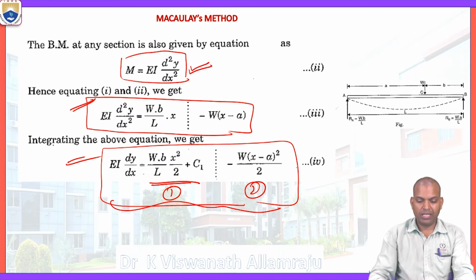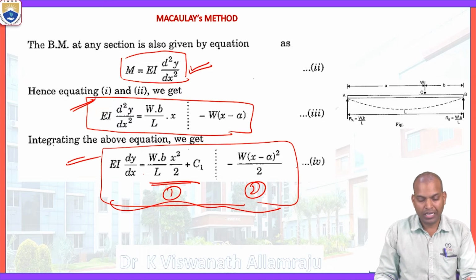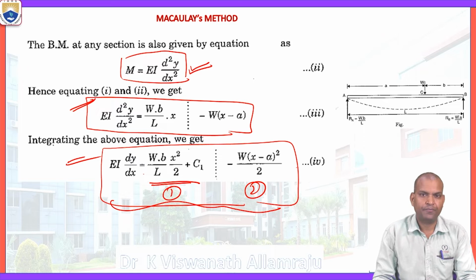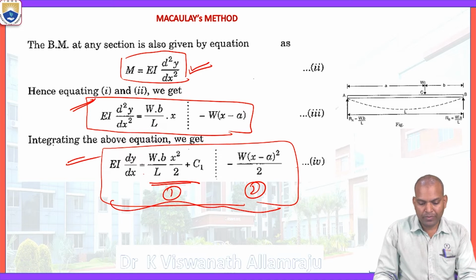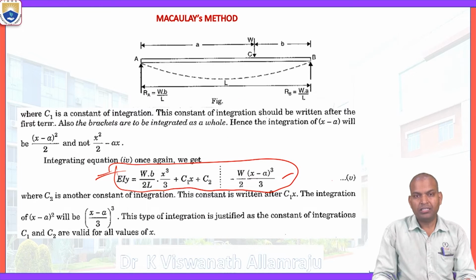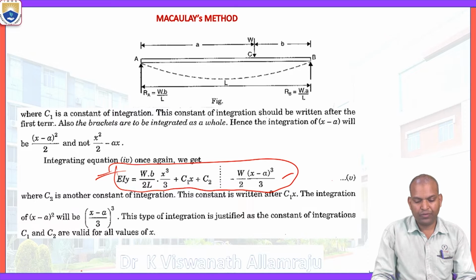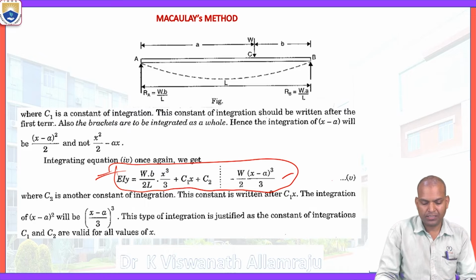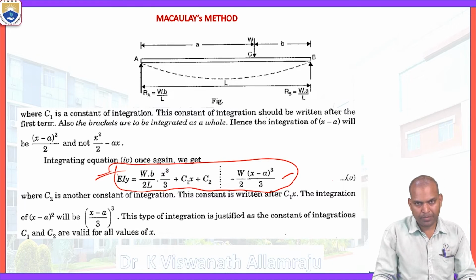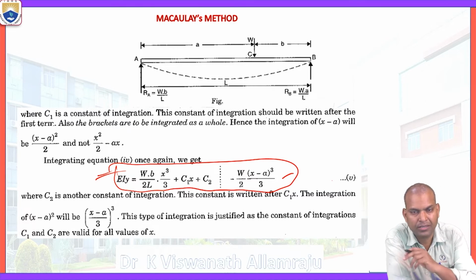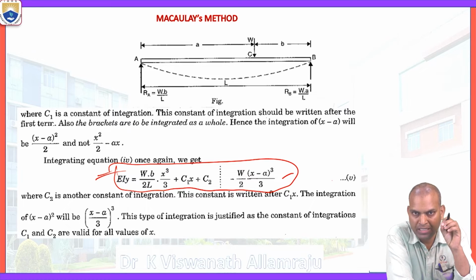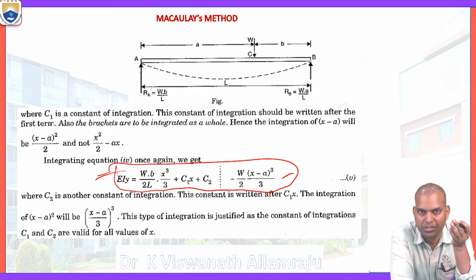So that's why Macaulay's method is highly useful and very easy in comparison to the double integration method. For different problems with different point loads at different distances, first we find the bending moment equation at any section. Next, we integrate it. The first integration gives the slope, and the second integration gives the deflection.